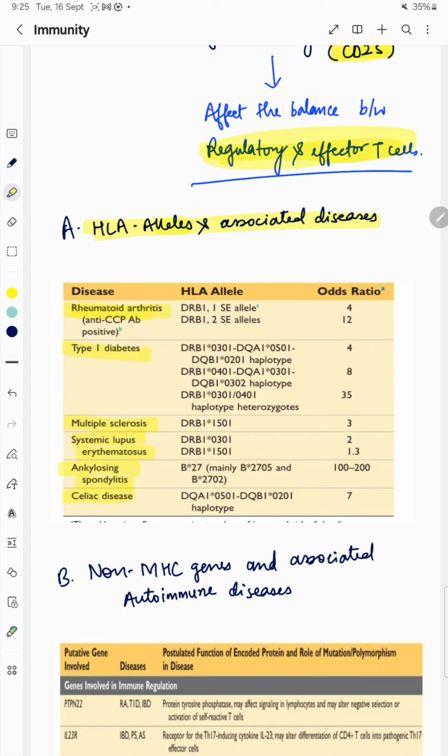Sometimes questions directly arise from the associated HLA allele. So this is a very important table from the NEET PG perspective.